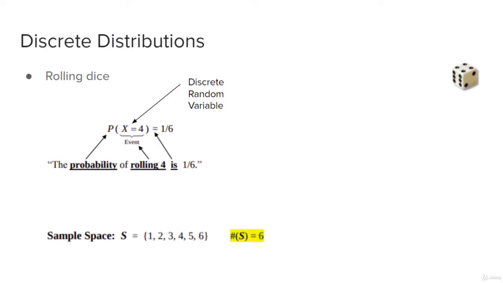So we have a certain sample space whenever we're going to model any distribution. For this particular problem, the sample space will have the number of values that are on the dice: 1, 2, 3, 4, 5, 6. They're all discrete values, and the size of this sample space would be 6.